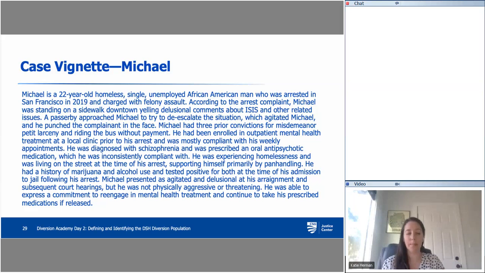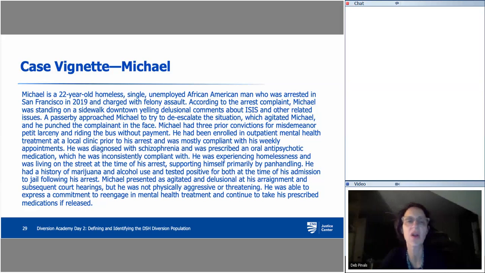This is Deb. I agree with Sarah again. And I think that individualized assessment, even with risk tools that can help guide us, they get combined to figure out really not just what is the risk level, but how do we build a plan that's going to mitigate the risk.